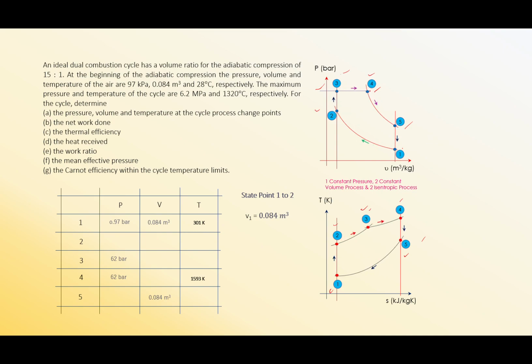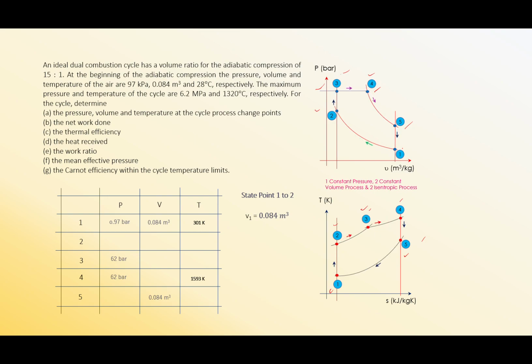It is not point 4 to point 5, which is referred to as the isentropic expansion process. Point 1 to point 2 is your isentropic compression.